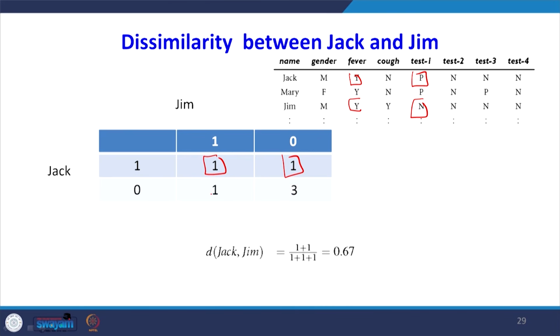Jack is 0 and Jim is 1, that is also 1. Where Jack is 0 and Jim is 0, we count 1, 2, 3, so we got 3. The dissimilarity between Jack and Jim is 1 plus 1 divided by 1 plus 1 plus 1, so 2 divided by 3, which is 0.67.